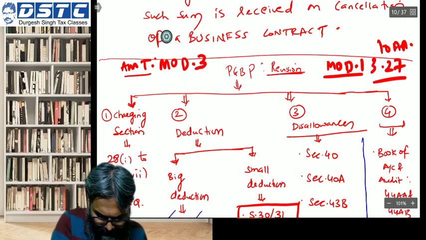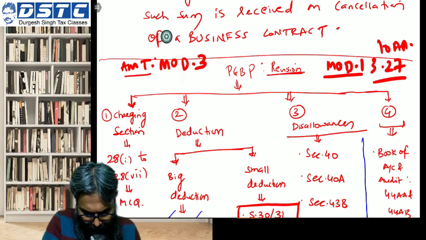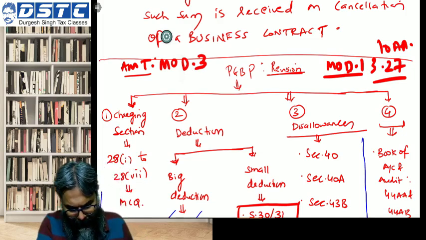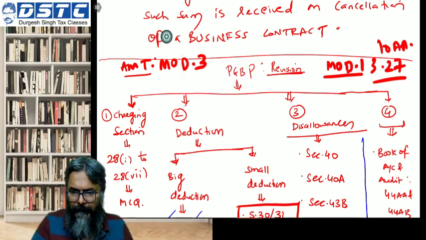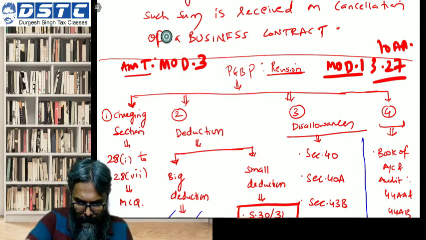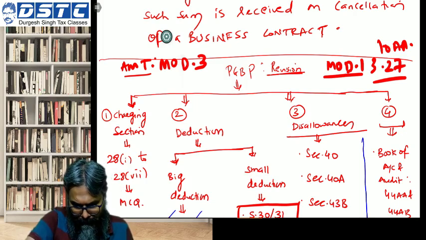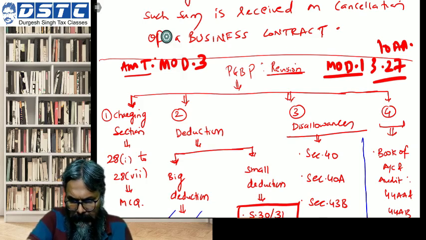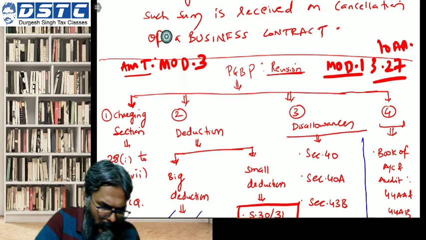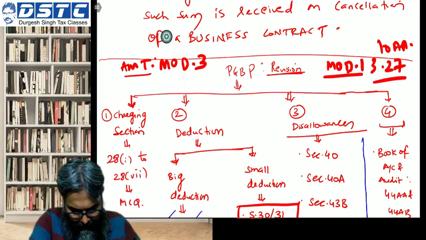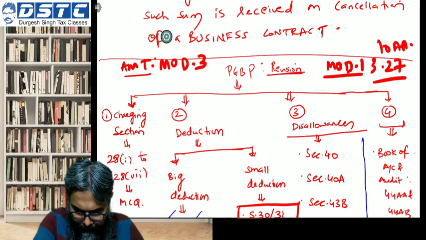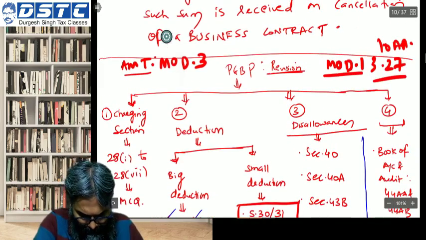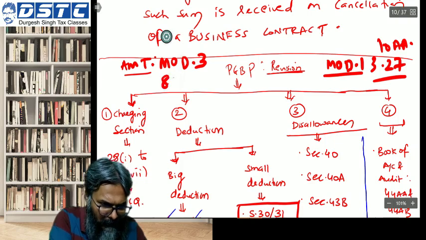AMT is module 3. So students, you will have to keep handy module 1 and module 3. Page number, Priya, can you give me? For AMT, students, it is 8.47.